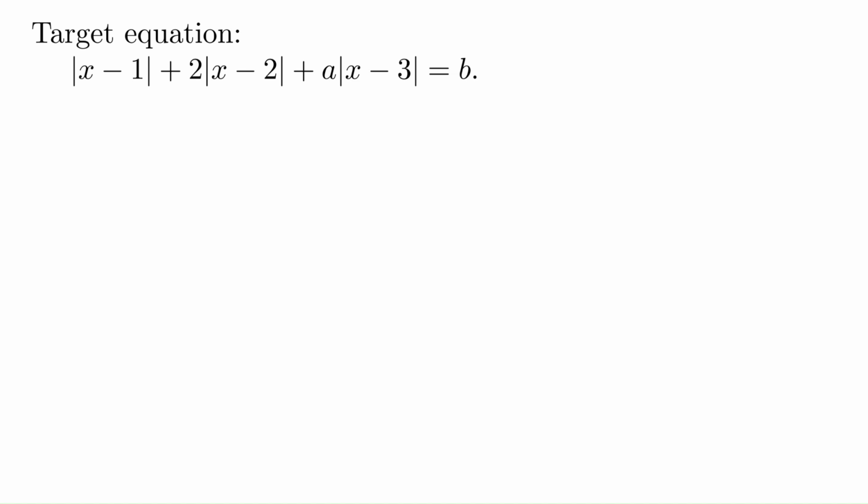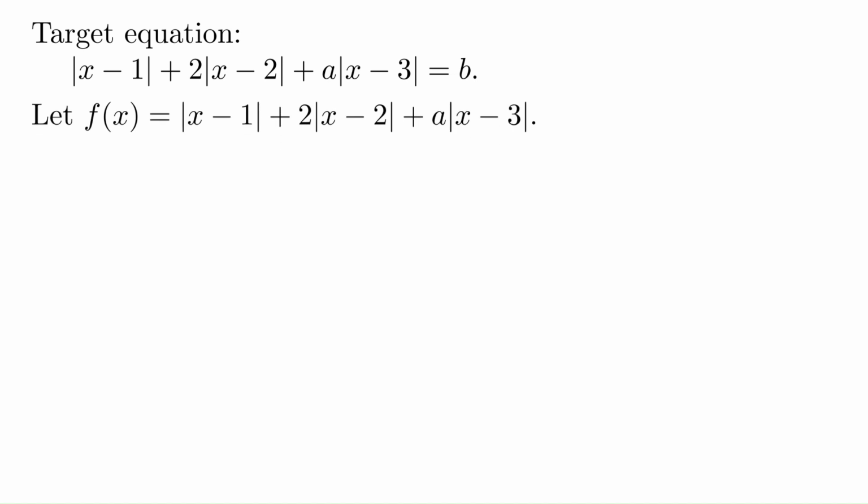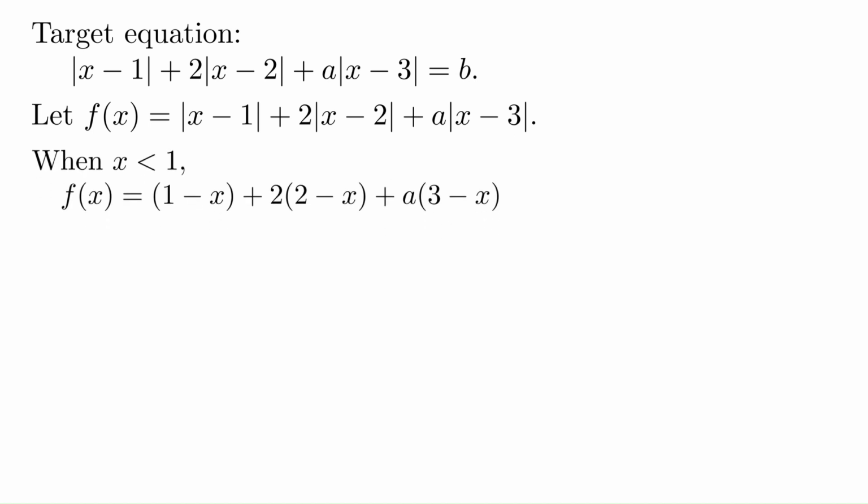Now let's see how we can find the pairs of a and b. First, we define the function f of x to be the left-hand side of the equation. We need to express the function in terms of piecewise linear functions.